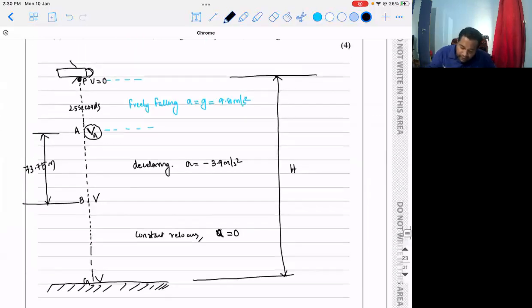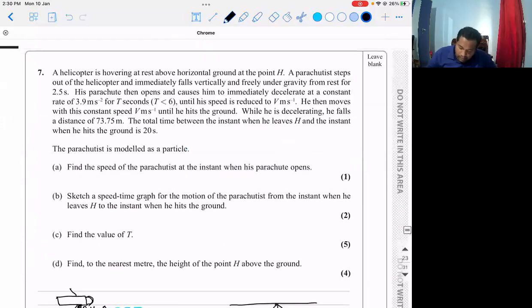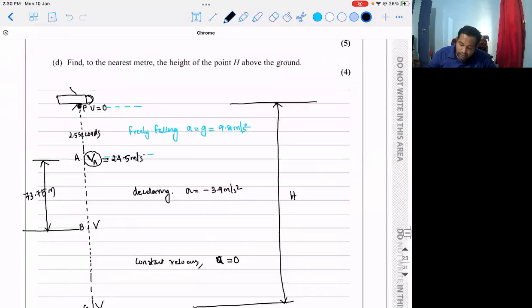So now we have an idea: the speed is 24.5 meters per second. Now what is our next question? Sketch the speed-time graph for the motion of the parachutist from the instant when he leaves H to the instant when he hits the ground.